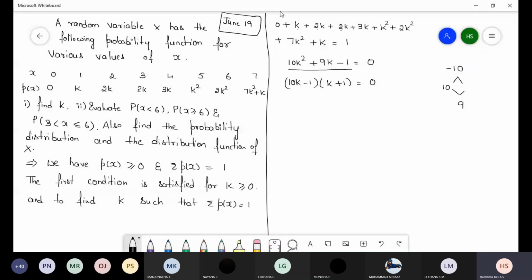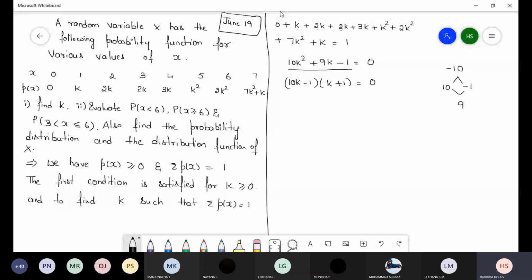When you do subtraction, you will get 9. So these are the factors. So 10k minus 1 is equal to 0 and k plus 1 is equal to 0. So k is equal to 1 by 10 or k is equal to minus 1.